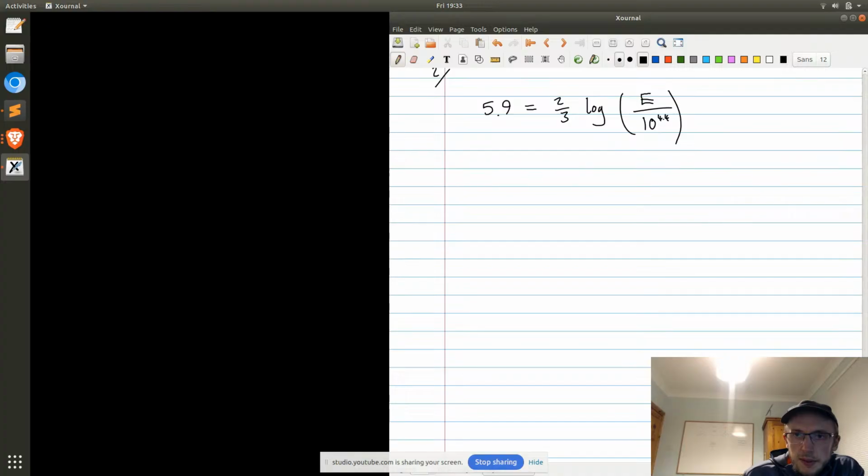And that's what I've got to compute. Okay, so I think you do 5.9 times 3/2. And do 10 to the power of that. And then times it all by 10 to the 4.4. And that should be good, right?